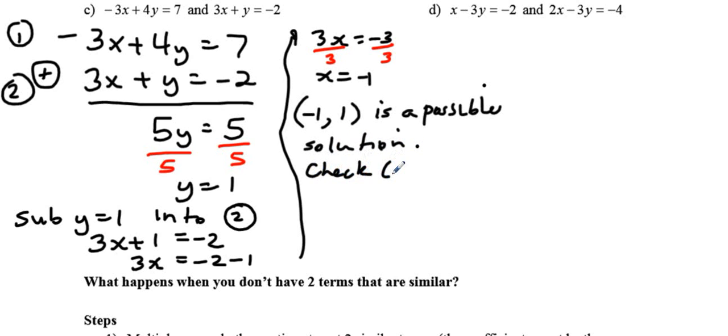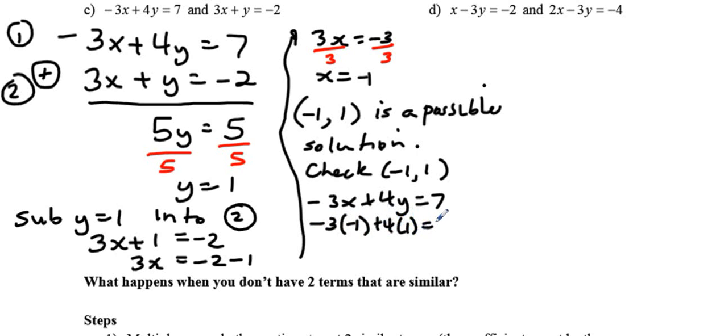So when we check -1, 1 in each equation, we get, let's see, -3 times -1 plus 4 times 1, does that equal 7? -3 times -1 is 3, plus 4 equals 7, 7 equals 7. Oopsie, 7 equals 7.